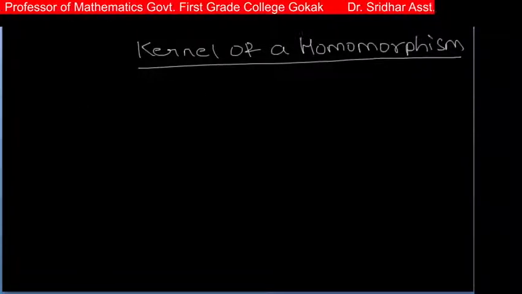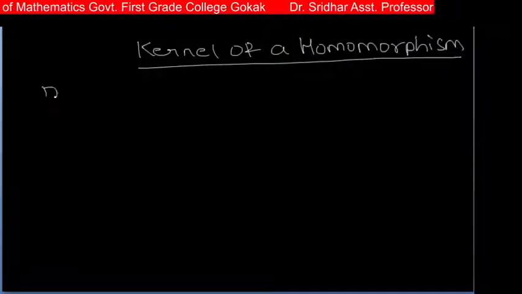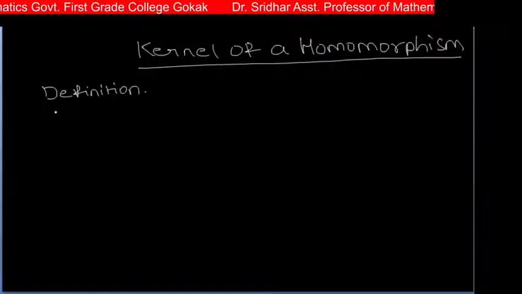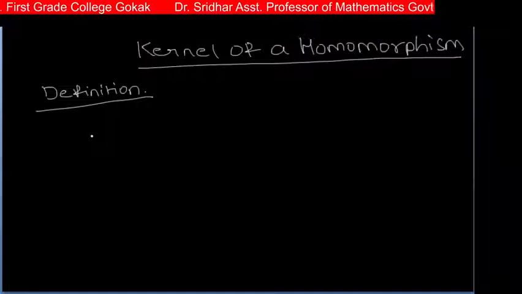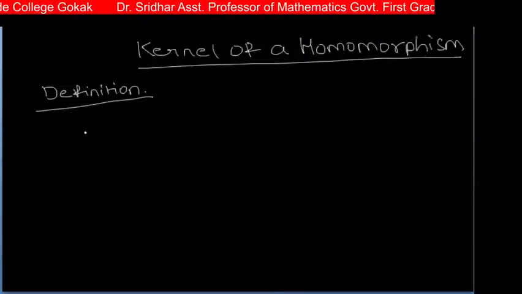That's all. So for example, here I will write the definition. In the examination, it is very important. They ask the definition of the kernel of a homomorphism for 2 marks.